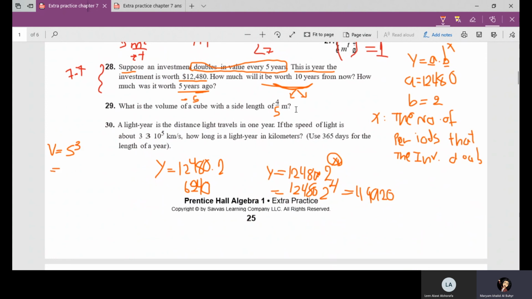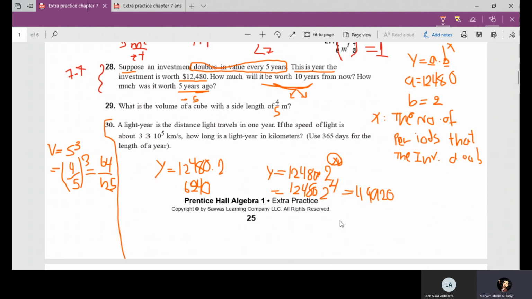So the side length is 4 over 5, all this to the power 3. You can just distribute your power: 4 to the power 3 is 64, 5 to the power 3 is 125. And like that, you're done. That's for this question.